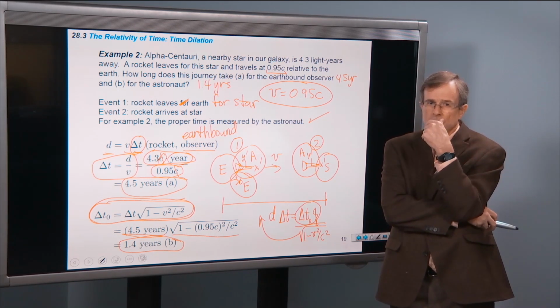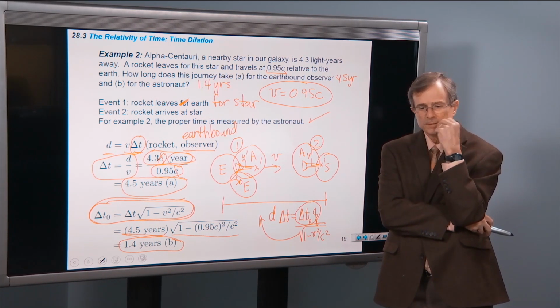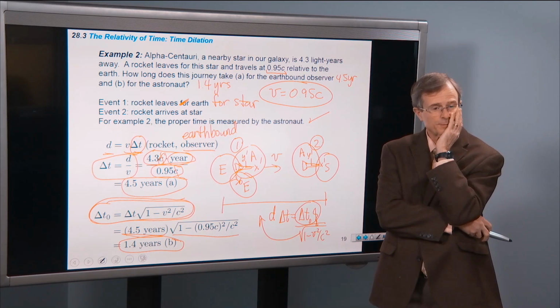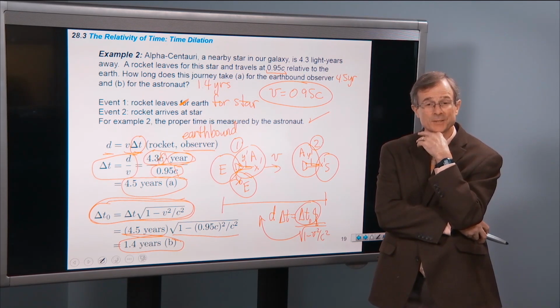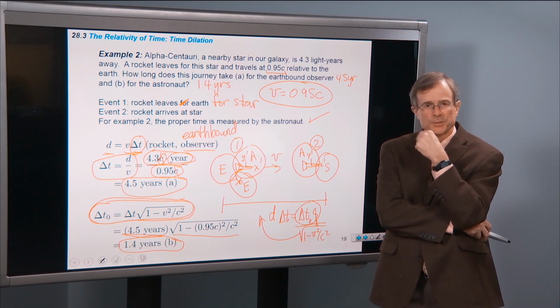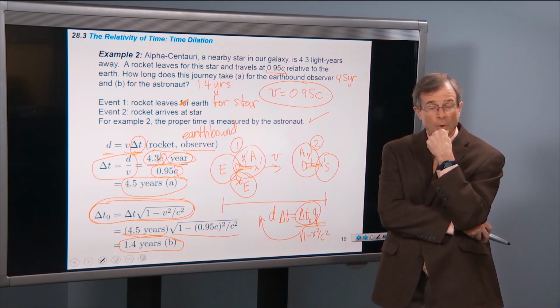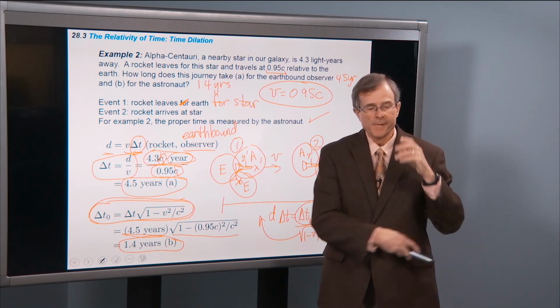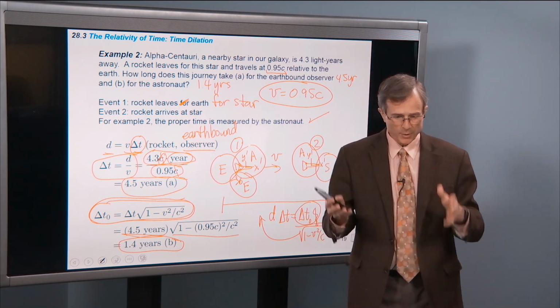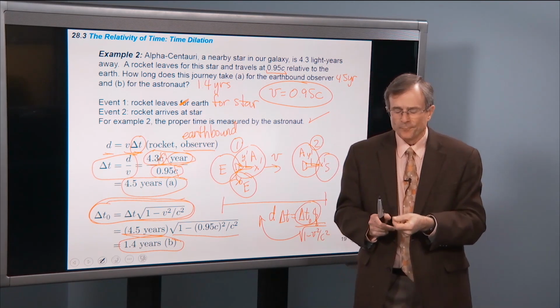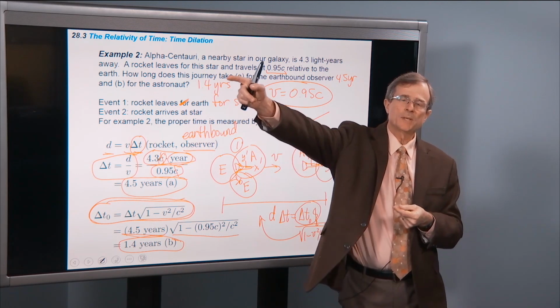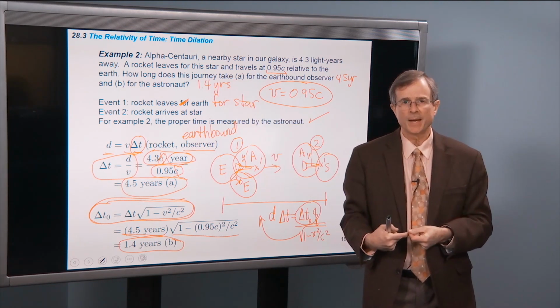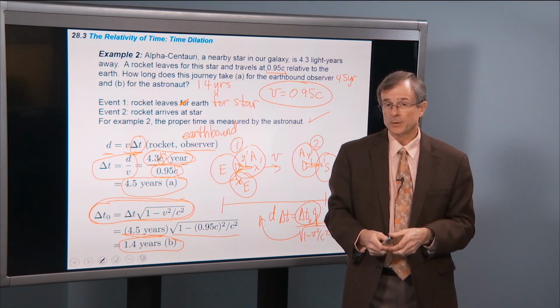You say, well, so the science fiction movies that I've watched about this are actually true, and I say, yeah, they sure are. On that rocket ship, you're going to age slower than they are at home. And there's also a twin paradox where if you and your twin are born at the same time, obviously, you're twins, one of you heads out into space and comes back, then he's going to be younger than you are.